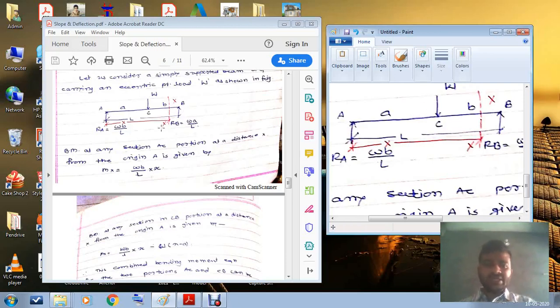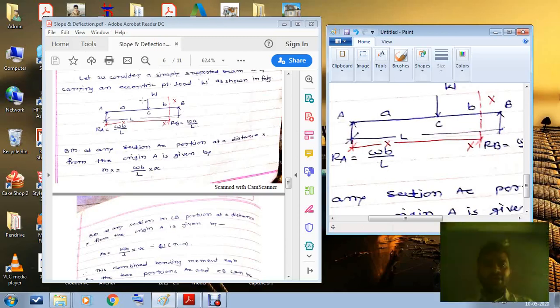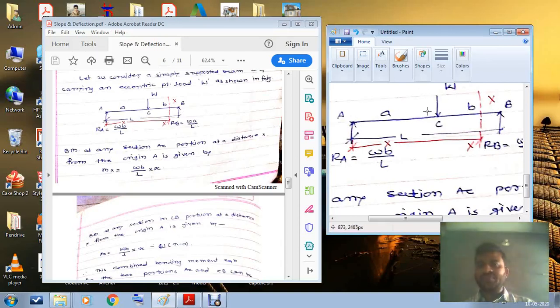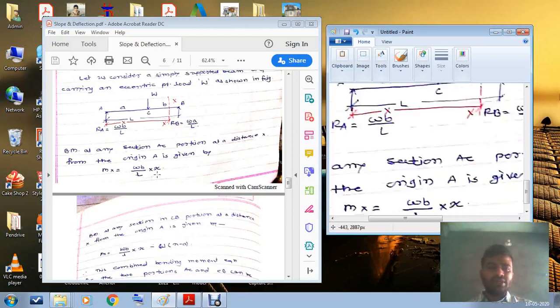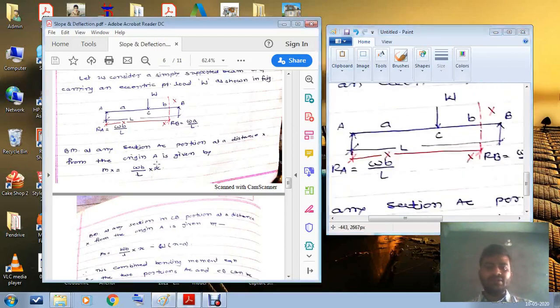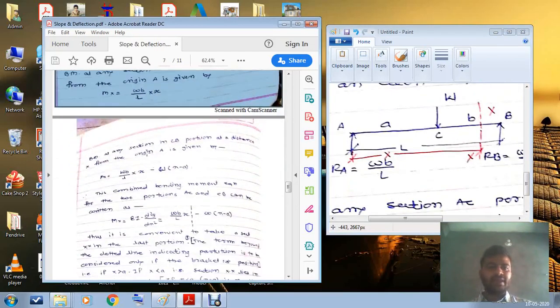What I mean to say is that I have written one equation, Mx is equal to Wb by L into x, but this equation is valid only and only if this section XX is at this distance a, or on the left of C. But we have considered the section on the right of this point load W, so the equation will be like this.